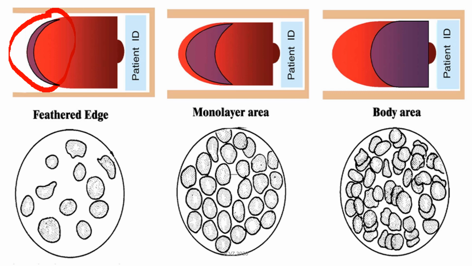So there is enough distance between the cells in your monolayer area, and it would be easy for you to identify your WBCs, your RBCs, and even your platelets. Although most of the space is taken up, the cells are not overlapping, and there is an equal distance between the cells.